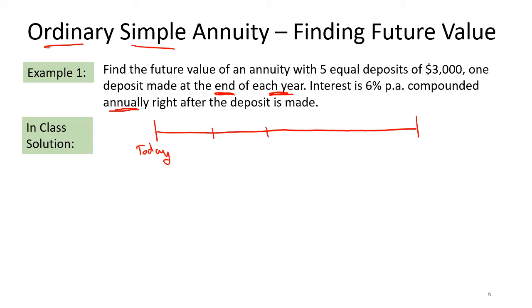So call this year 1, year 2, year 3, year 4, year 5. So we'll say 1, 2, 3, 4, 5. So you have 5 equal deposits at the end of each year, which means after the first year, we have $3,000. After the second year, we have $3,000. Third year, fourth year, and fifth year.